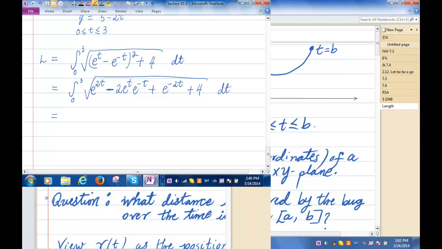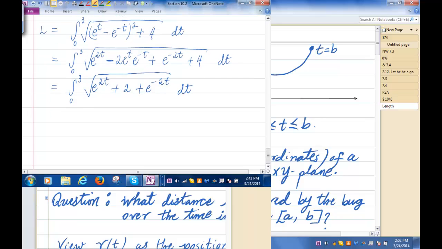And negative 2, if I add that to 4, that would be positive 2, right? So I'm going to write this as e to the 2t plus 2 plus e to the negative 2t. Now what?